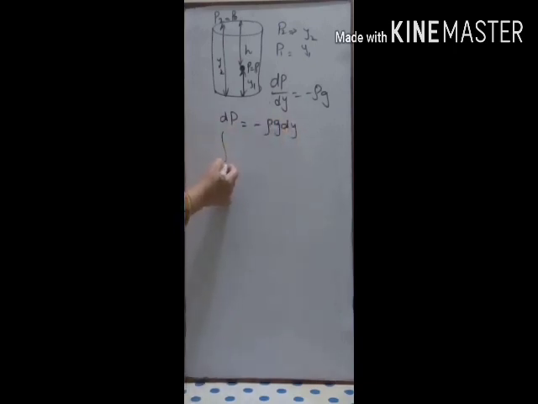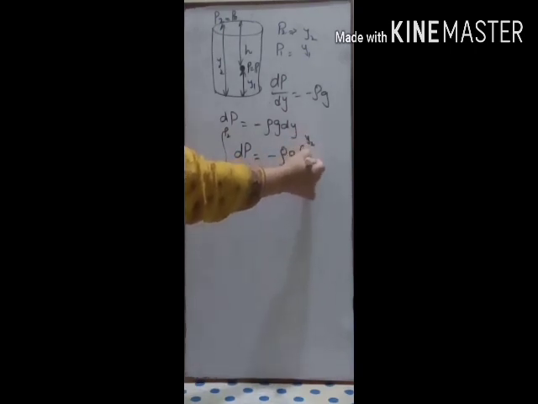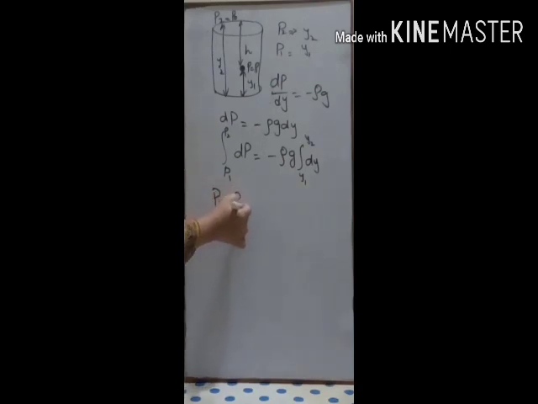Integrating, the integral of dP from P1 to P2 is equal to minus rho G times the integral of dy from y1 to y2. From here we get P2 minus P1 is equal to minus rho G (y2 minus y1).